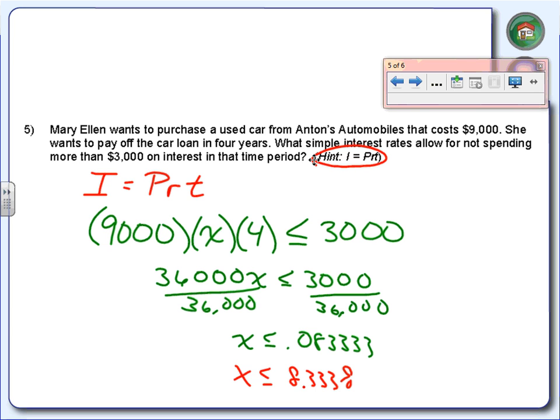So as long as she gets something less than or equal to 8.33%, she's not going to pay more than $3,000 on interest. So she's got to pay $9,000 for the car itself, and then she's got to pay on that money she's borrowing, and she doesn't want to pay more than $3,000. That's going to mean that she's going to have to pay 8.33% or less.